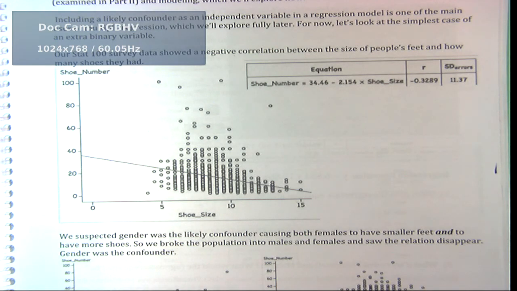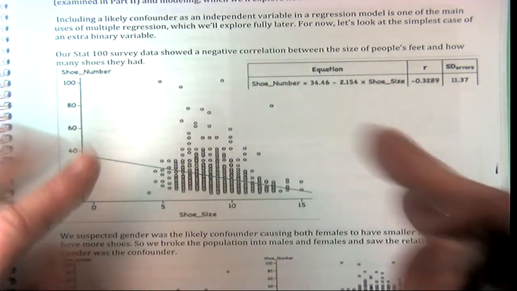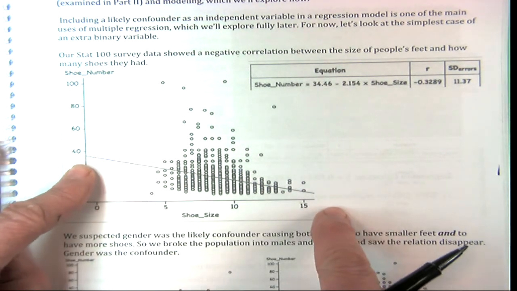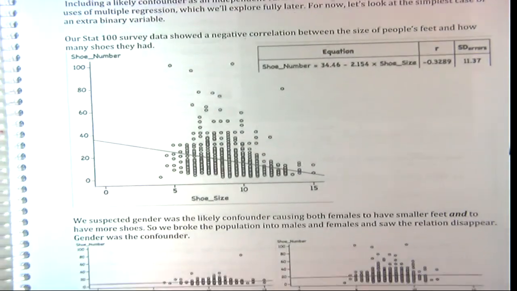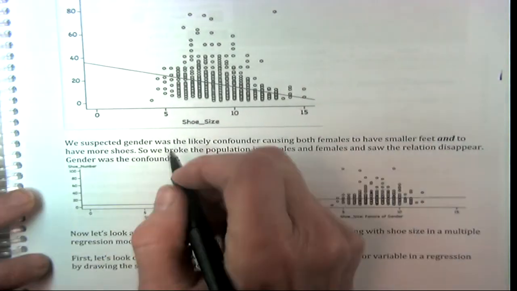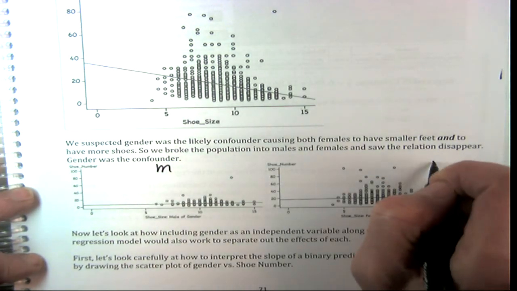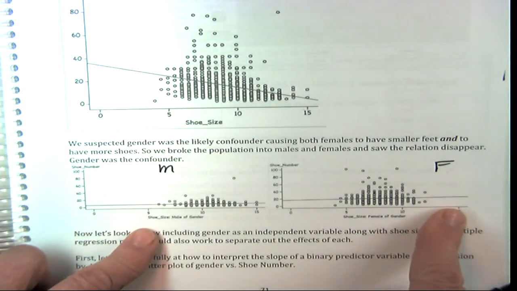Let's go back here. So what am I saying here? I'm saying that if you want to see what's going on, this overall slope is misleading. When you stratify into males and females, that effect goes away.